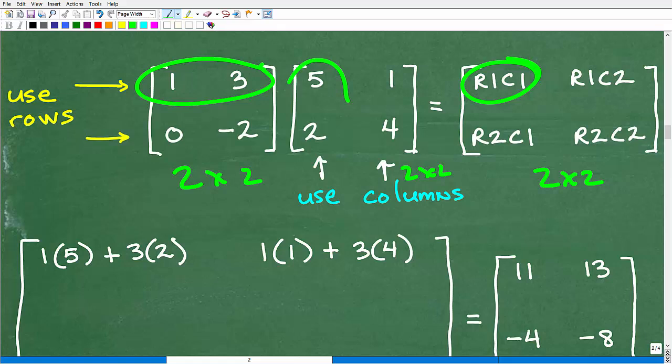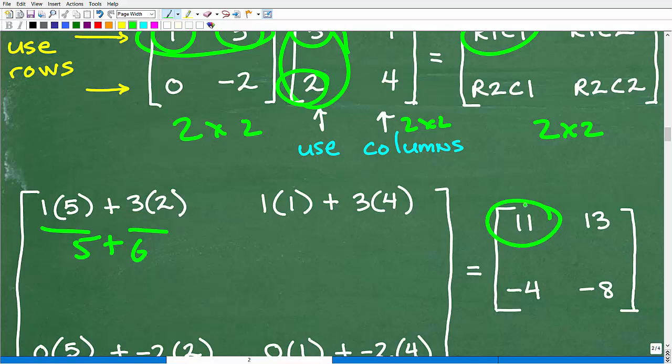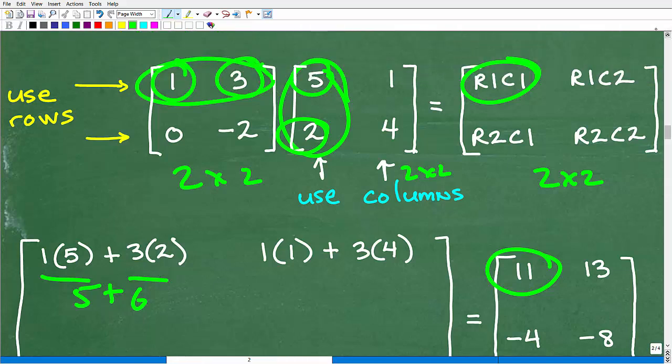So we're going to go 1 times 5. We write that right here in row 1, column 1, plus we're going to move over 3 times 2. So 1 times 5 plus 3 times 2 is what? 5 plus 6 is 11. So you can see that our answer for row 1, column 1 is 11. Okay, so hopefully that makes sense.